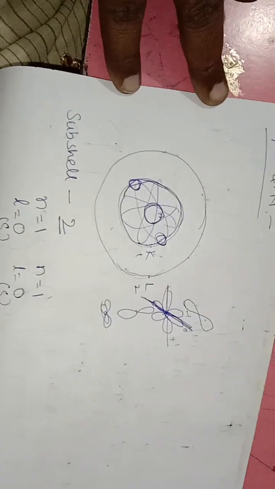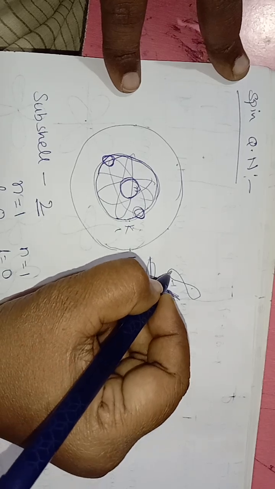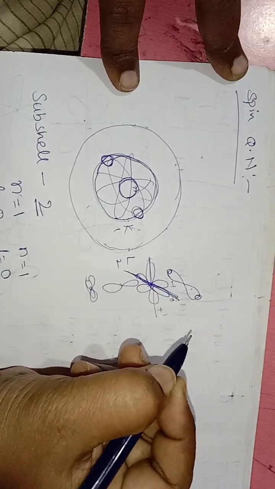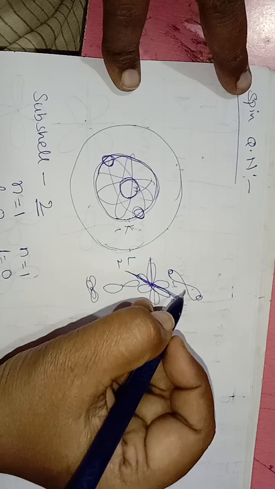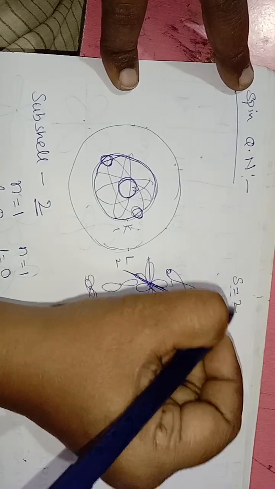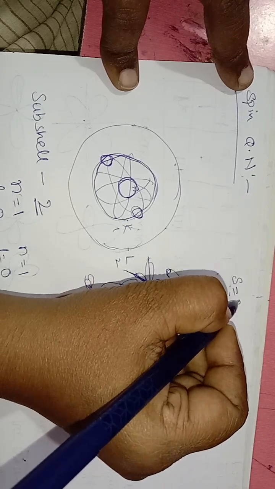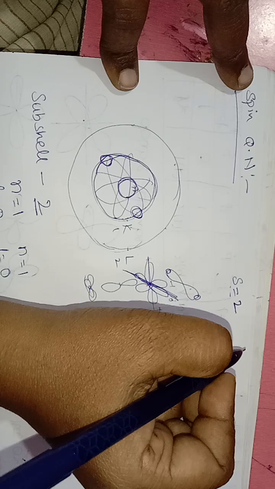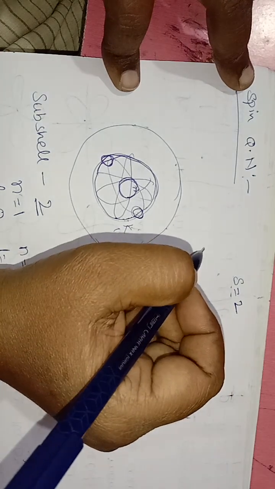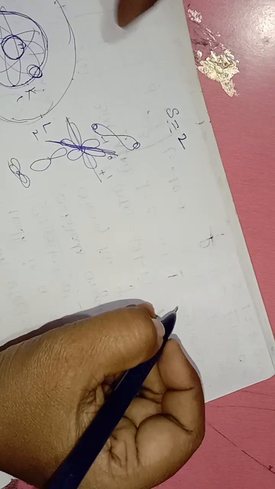I think everyone knows what spin is. Every suborbital will have only 2 electrons. The s orbital will have only one orbital, one subshell, in a sphere shape, holding 2 electrons only. Now I'll explain with this picture.